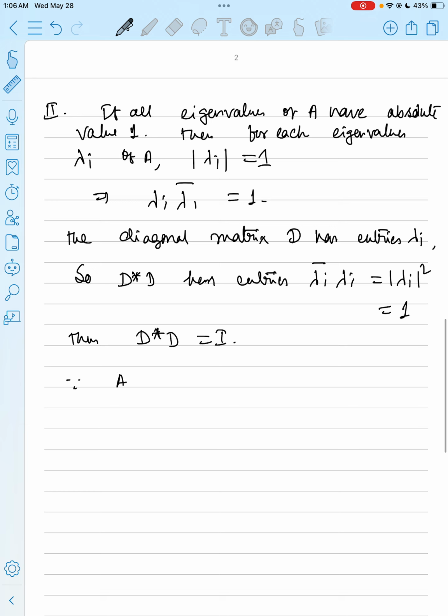We already know A equals U D U star, then A star equals U D star U star.